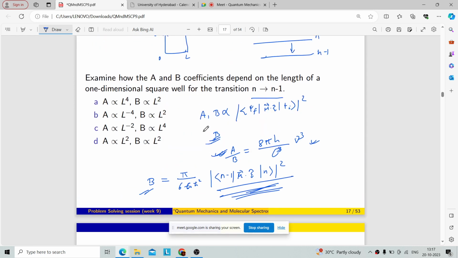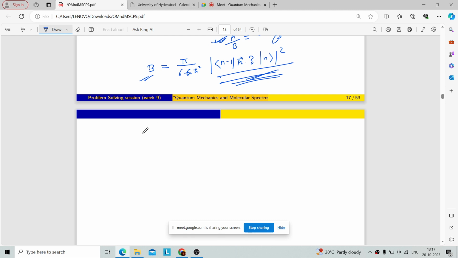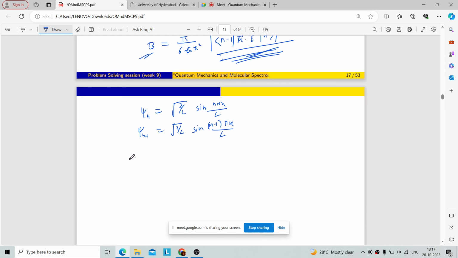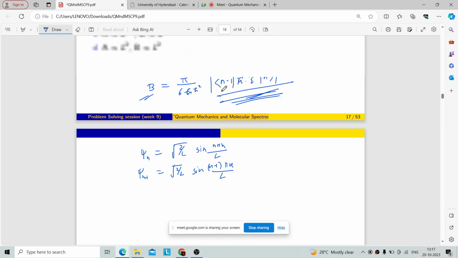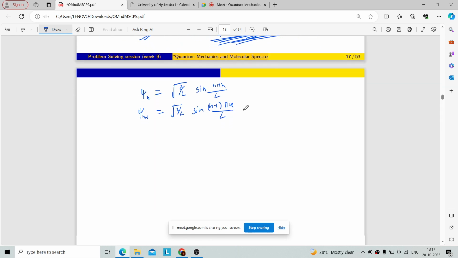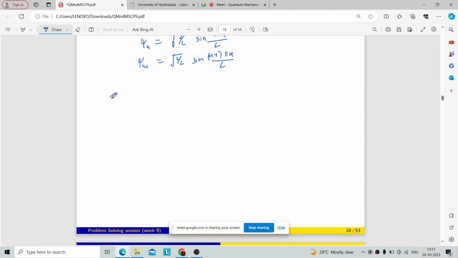So for one-dimensional potential, you know the wave function psi n is root 2 over L sin n pi x over L. Similarly for psi n minus 1, this will become root 2 over L sin (n minus 1) pi x over L. So what we have to do is first evaluate the transition moment integral from n to n minus 1.